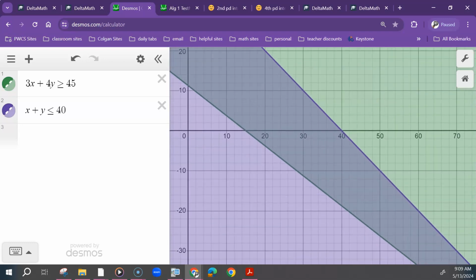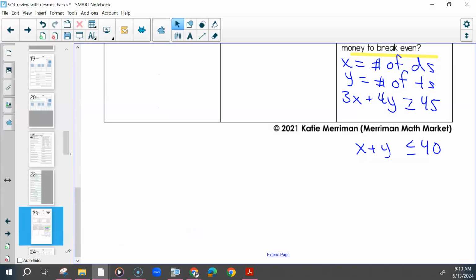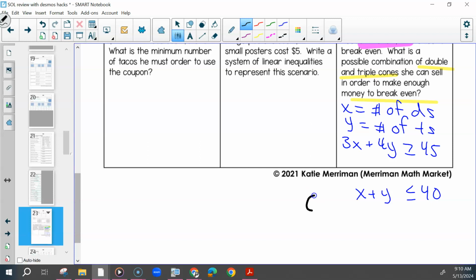We're going to find where those two overlap, and the question is looking for what is a possible combination of double and triple cones she can sell. There are many. Give me one. She could sell 20 double scoops and 10 triple scoops.